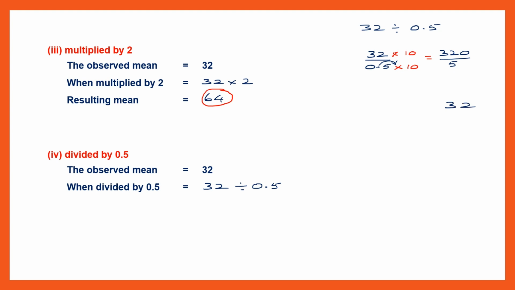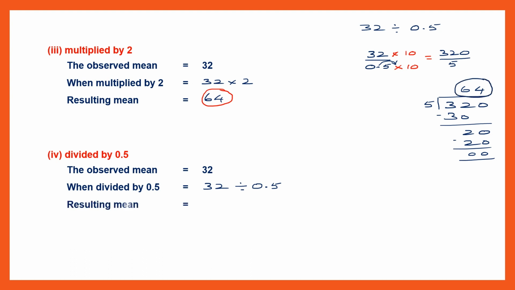So 32 let's take, so 5 sixes are 30, minus you have to here bring down 0, it's 20, 5 fours are 20, a remainder is 0. So what is our quotient? Our quotient is 64. So the resulting mean is 64. So this is our answer when you divide 32 by 0.5.